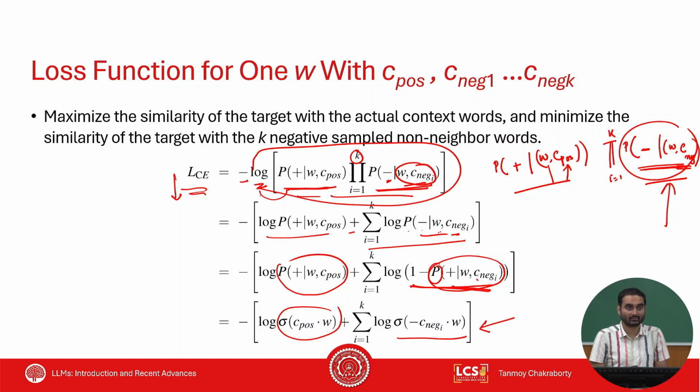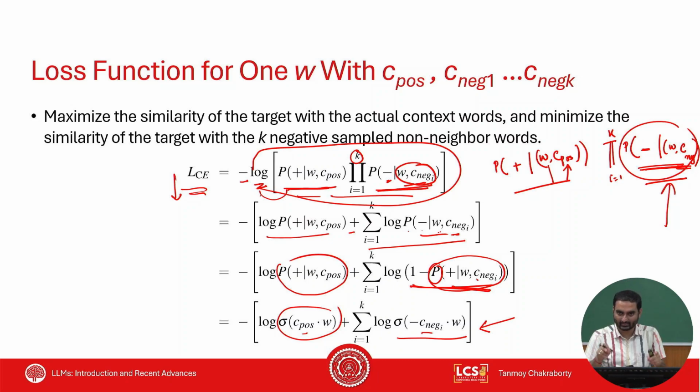And what are the parameters? Parameters are C positive, C negative, W. By the way, C positive and C negative are just notations. Both of them are C. Just for our understanding, C positives are those instances which are positive, and C negatives are those instances which are negative.